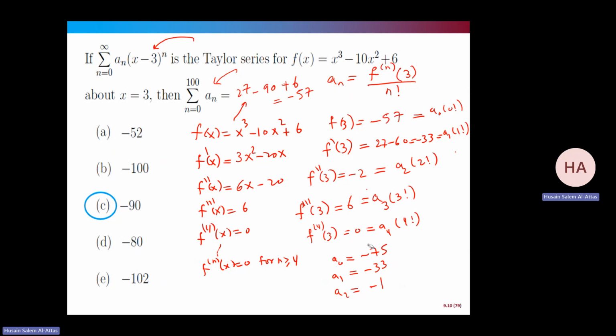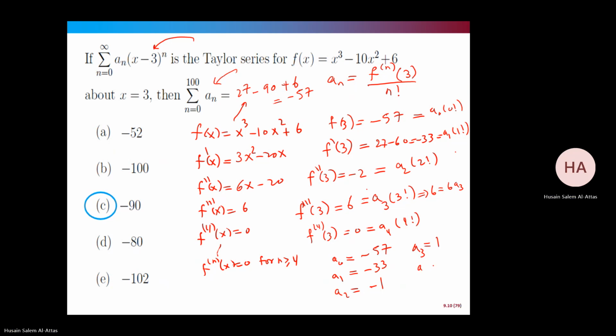So this is 57, sorry. Okay. Now, A3 will be what? 3 factorial is 6, huh? So you have 6 equal 6 A3. So A3 equal 1.